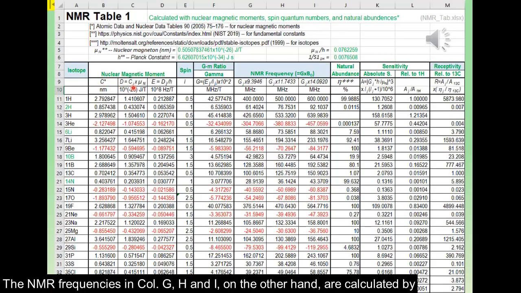The NMR frequencies in columns G, H, and I, on the other hand, are calculated by the fundamental equation of NMR with gammas and different field strengths.